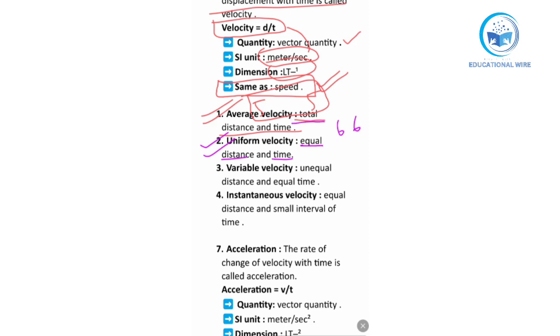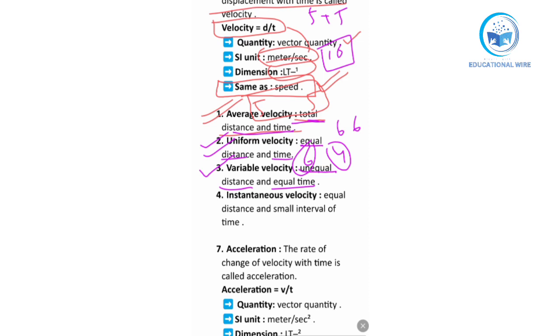Here it is written total distance and total time, so total means 5 plus 5, 10, the total of both. Next, unequal distance but equal time, like 6 meter distance and 4 second time, is called variable velocity.